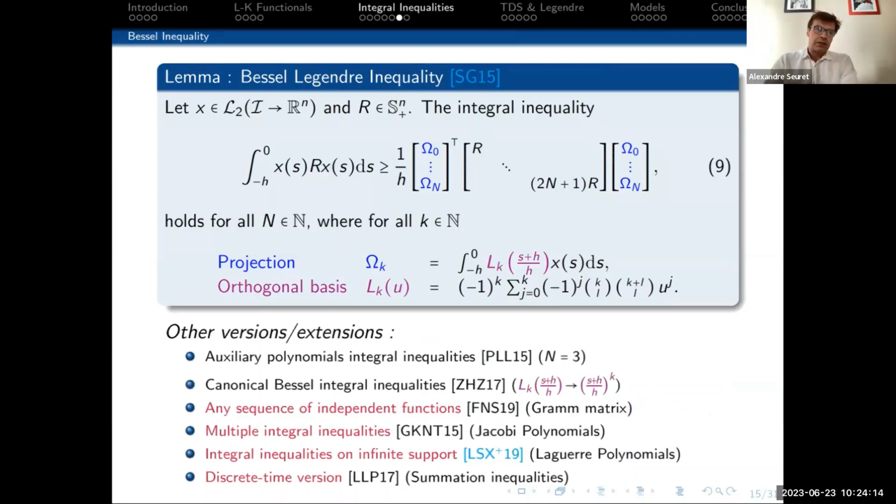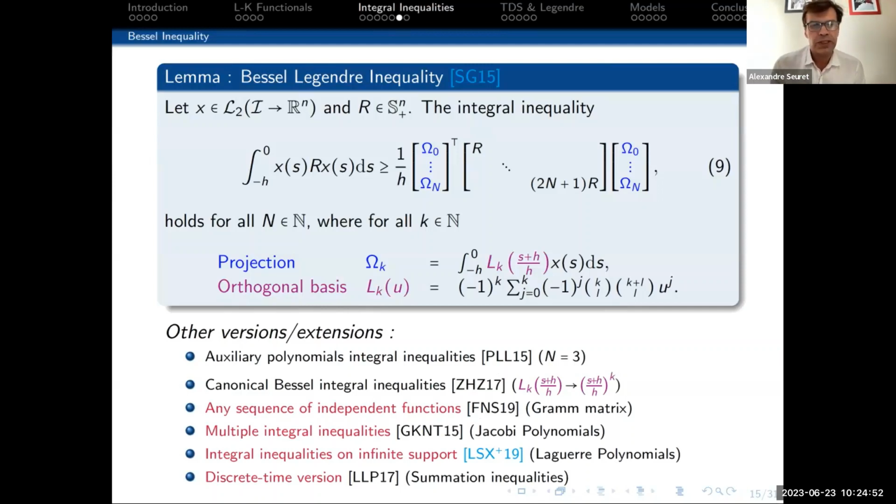Okay. And so there are many other versions or extensions of this inequality. Some works deal with auxiliary polynomials, or an expression that is based on the canonical polynomial basis. But these are already included in this framework. But there are also some different works, like the work of Qianfeng, where he was able to consider not only orthogonal bases, but any sequence of independent functions.